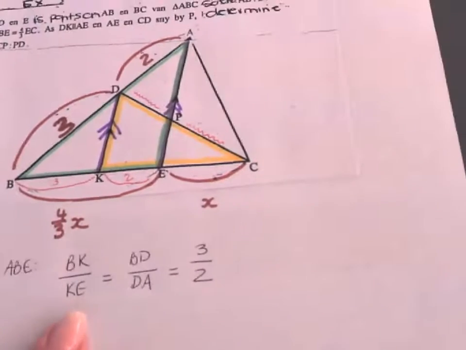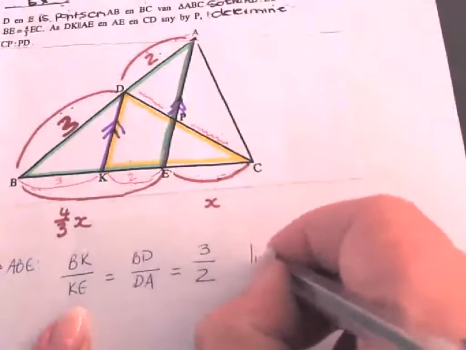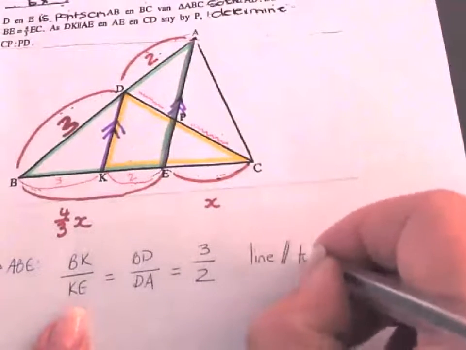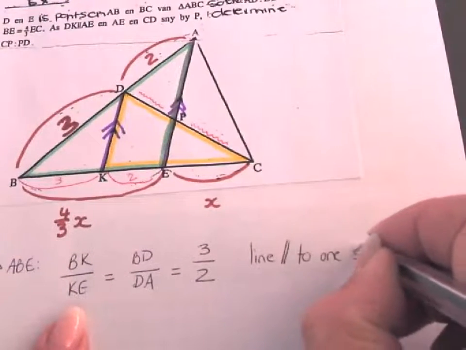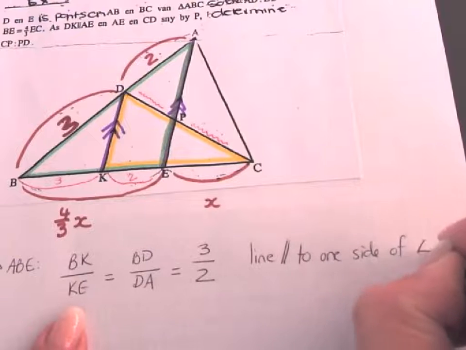The reason? Line is parallel to one side of a triangle.